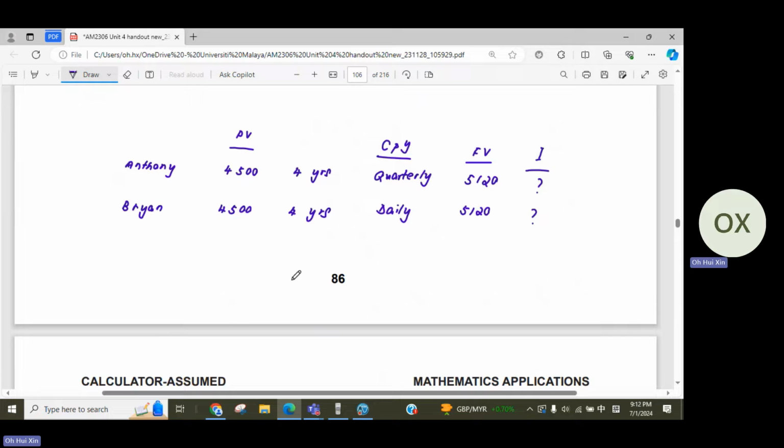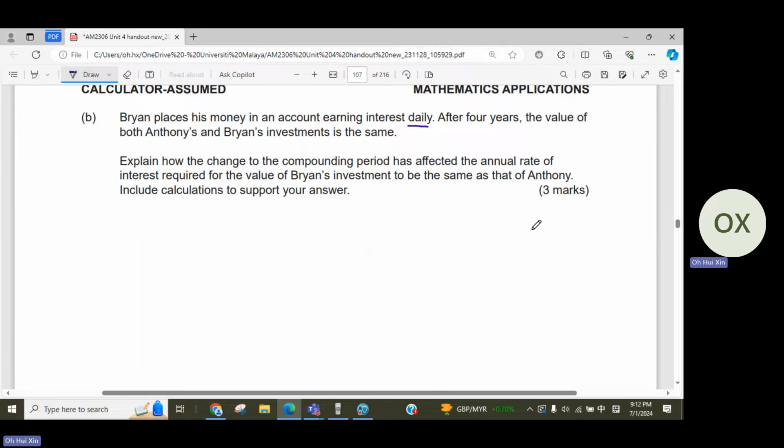Okay, so in this case, because we need to find the I, the only way we can do this is through the finance solver. Because if we don't have the I, then we can't generate the sequence in the spreadsheet. Make sure that this question is a pure compound interest question, meaning that you just invest a lump sum of money in the account and you don't withdraw or deposit more money at a future time.